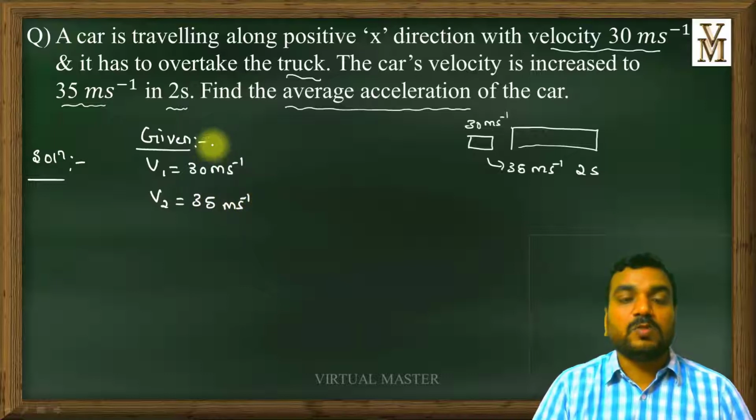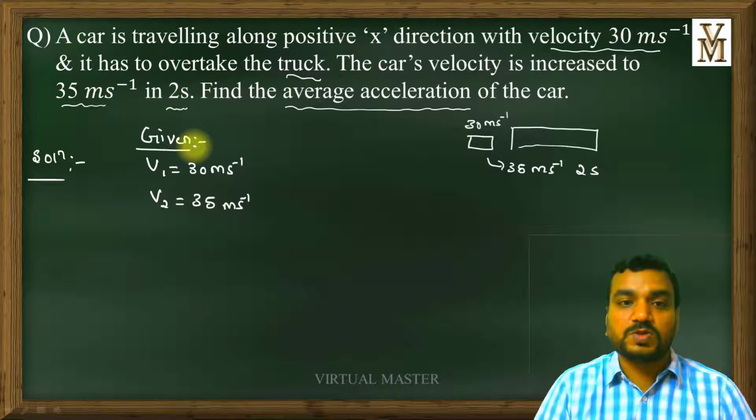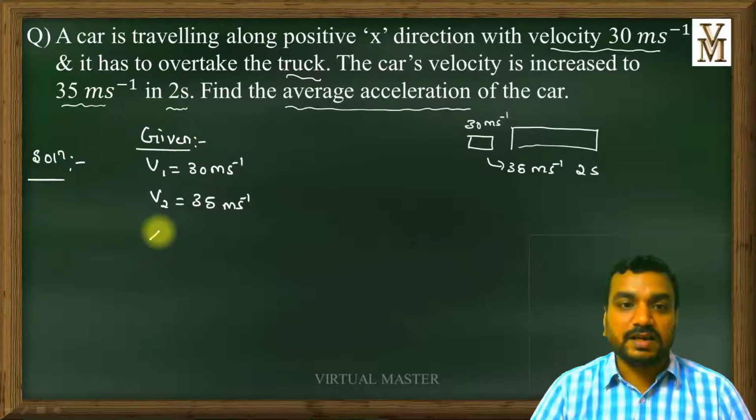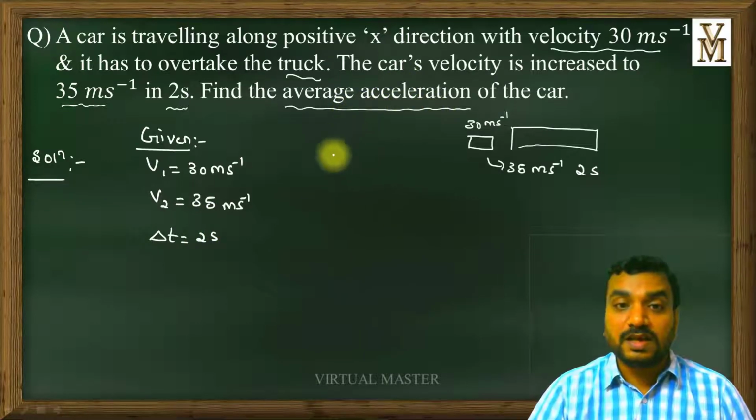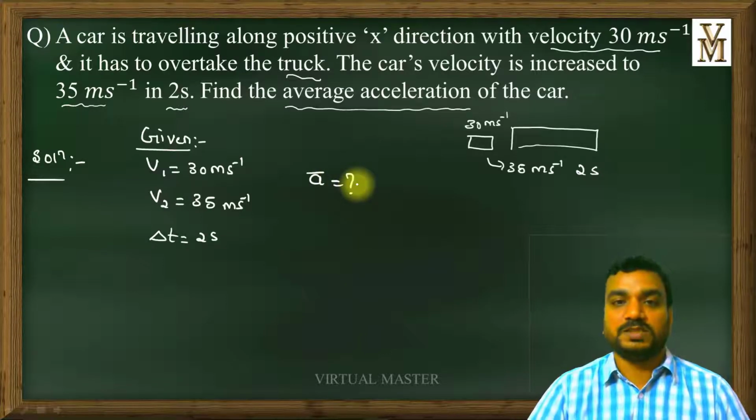Okay, in how much time is the car changing its velocity? It is changing its velocity in 2 seconds. I can say delta t is given, it is 2 seconds. Now what do you have to find? We have to find the average acceleration.